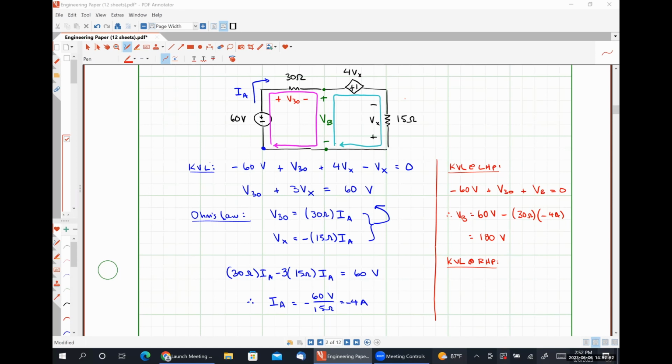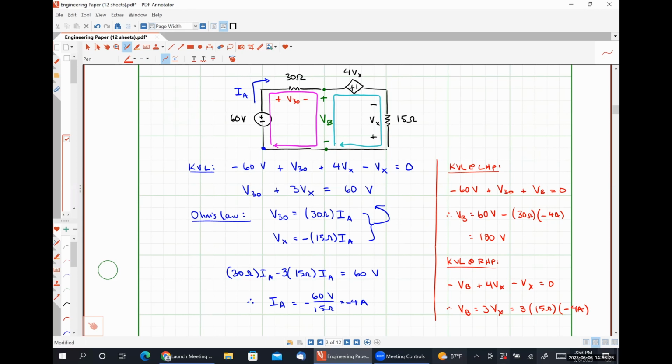So around our right-hand path, we have negative VB plus 4Vx minus Vx is equal to 0. So we could rewrite this to say that VB is equal to 3Vx. So that's going to be 3 times 15 ohms times our current of negative 4 amps.